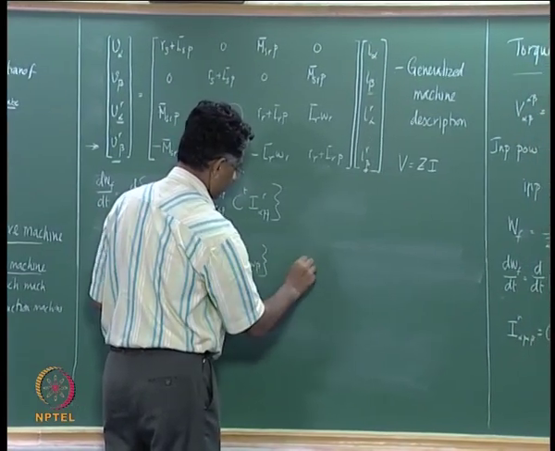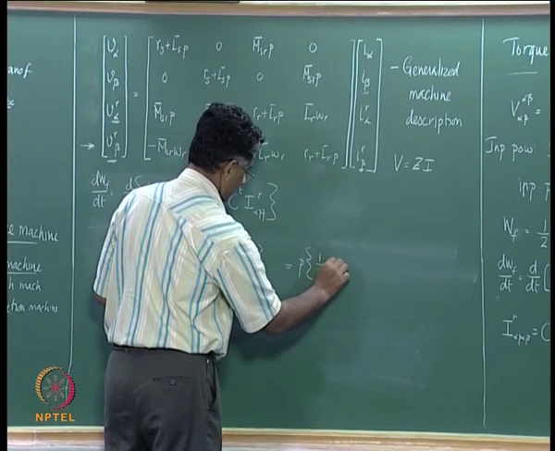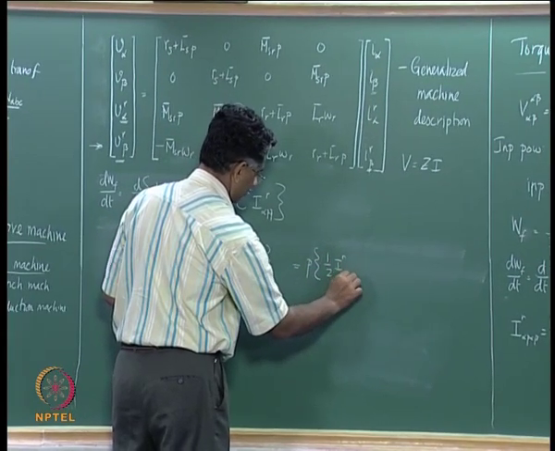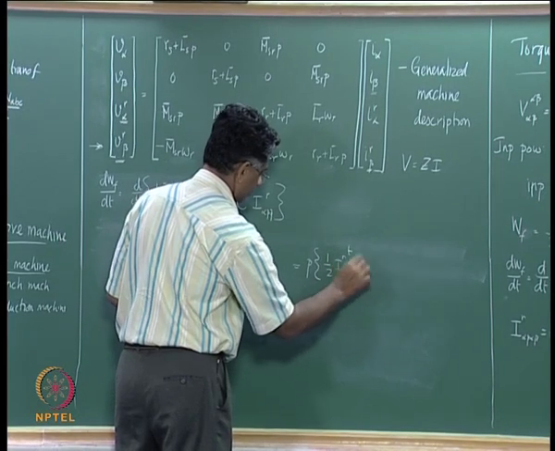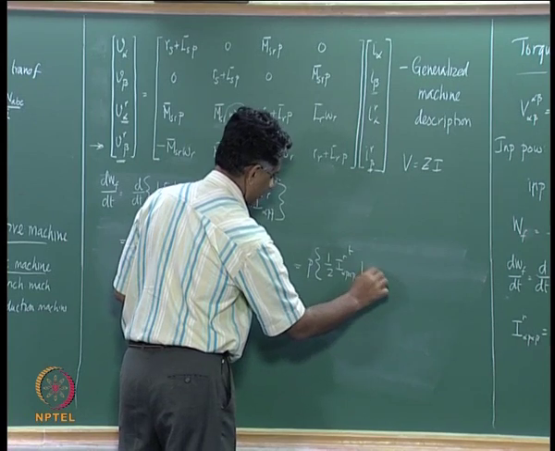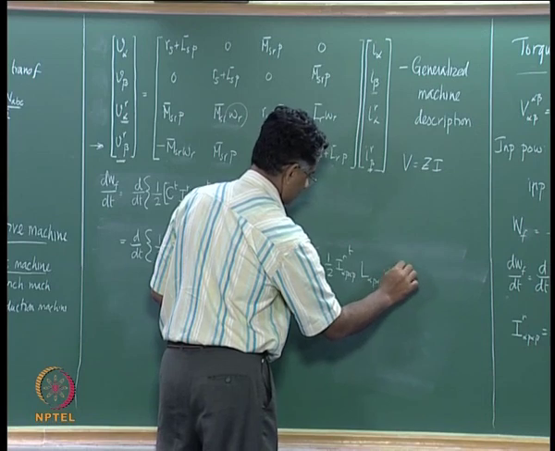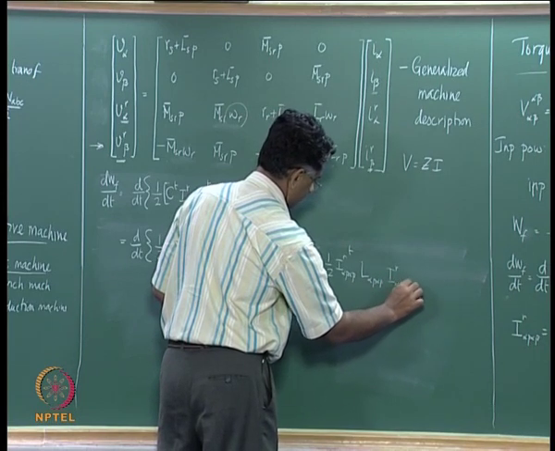Instead of d by dt I will simply say P, half I r alpha beta transpose L alpha beta multiplied by I r alpha beta.